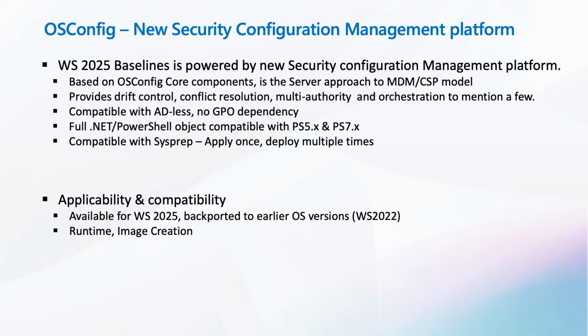It is also built on the common core engine of device management, which is used by millions of Windows clients managed by Intune. So essentially we now have the same common engine between both Windows client and server, and we can take advantage of CSPs and providers, registry providers for example, and all the goodness that comes out of our device management engine.